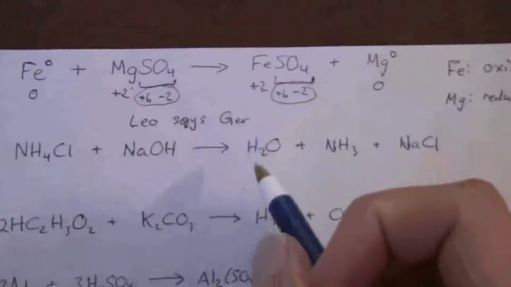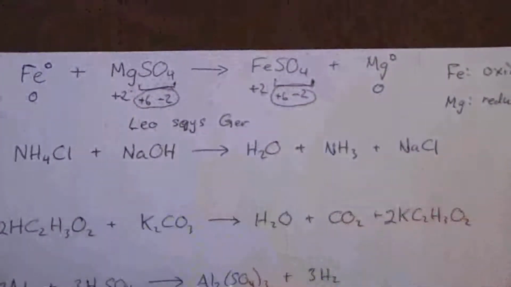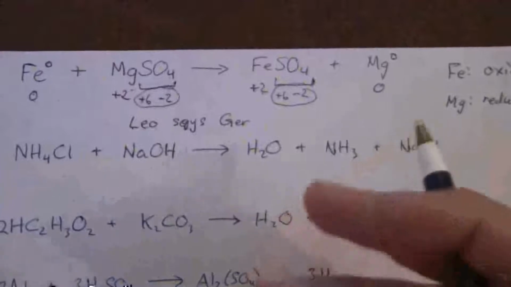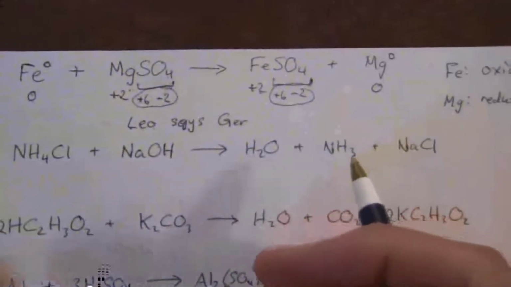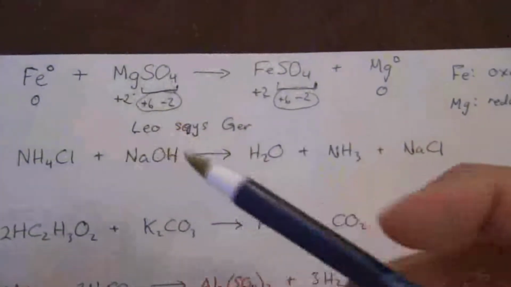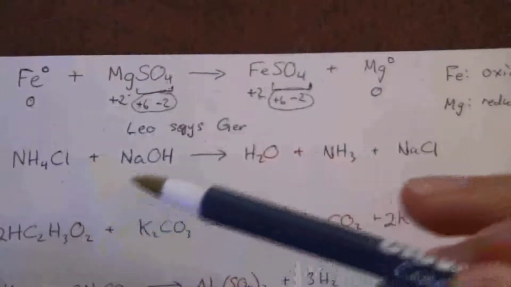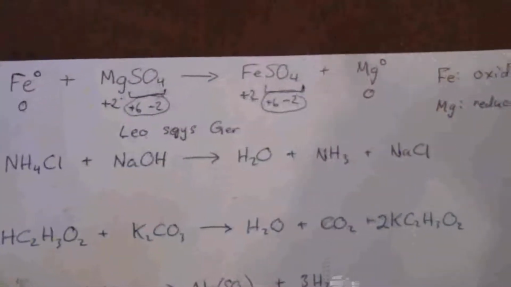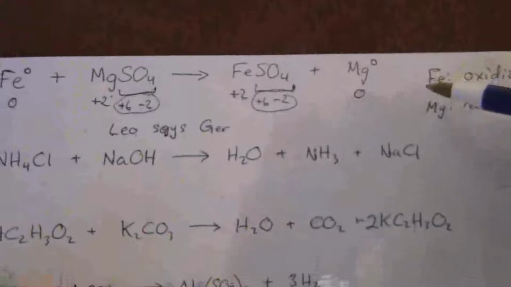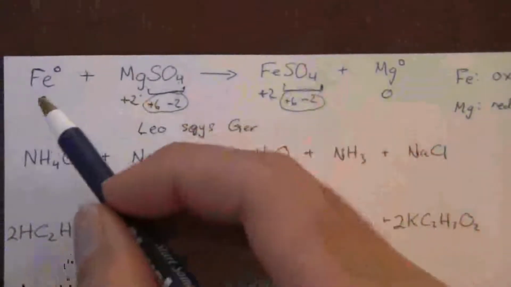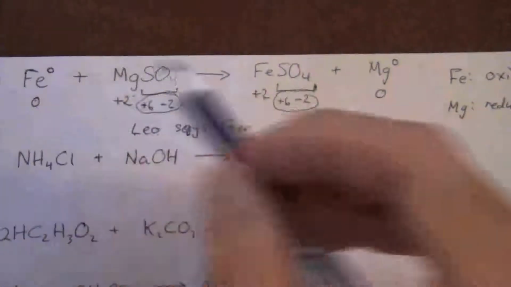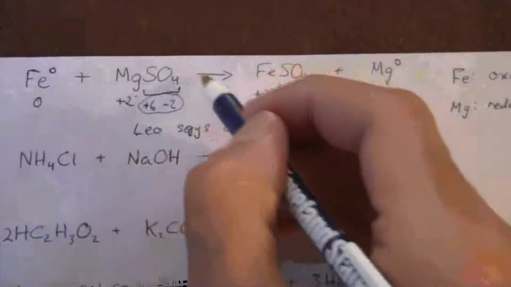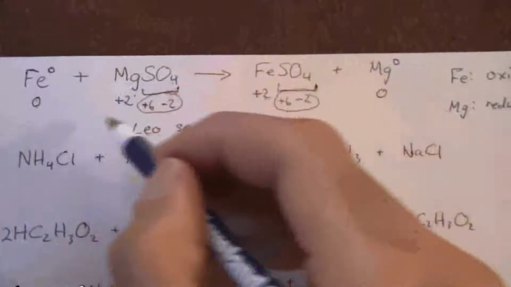Now let's look at this in terms of the oxidizing agent and the reducing agent. The oxidizing agent is the substance that oxidizes, in this case, the iron. So what is it that causes the iron to go from 0 to +2? Well, it's this magnesium sulfate.